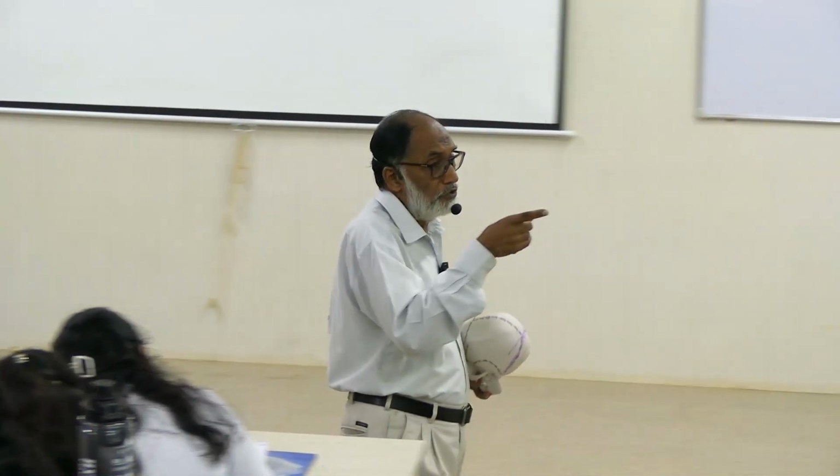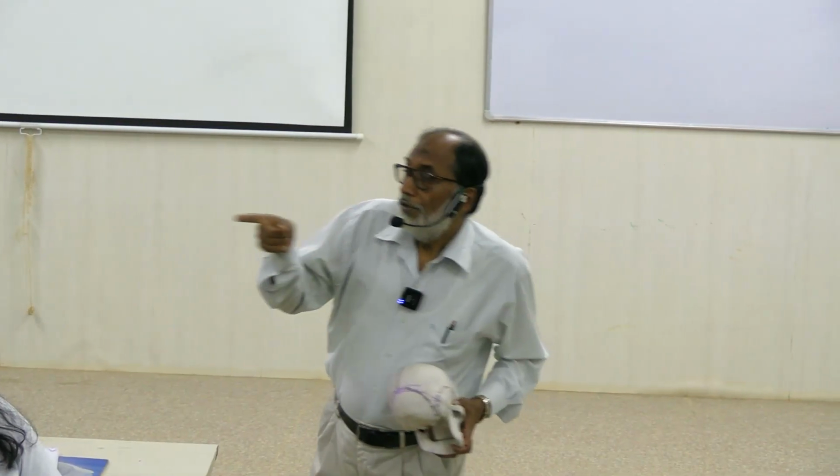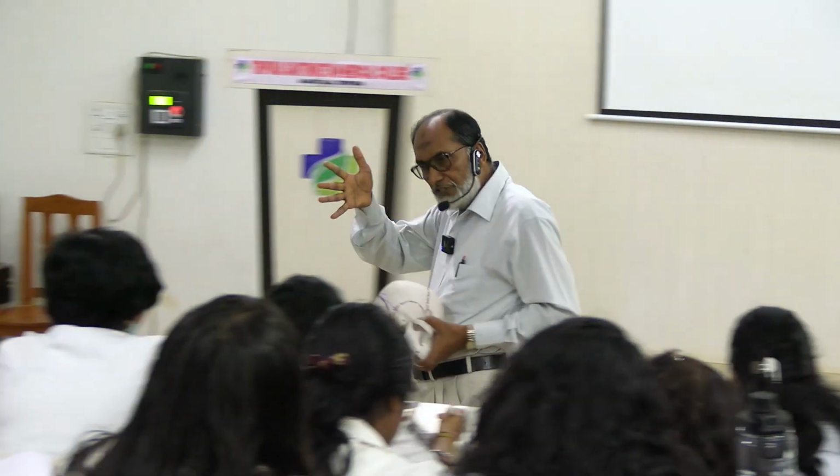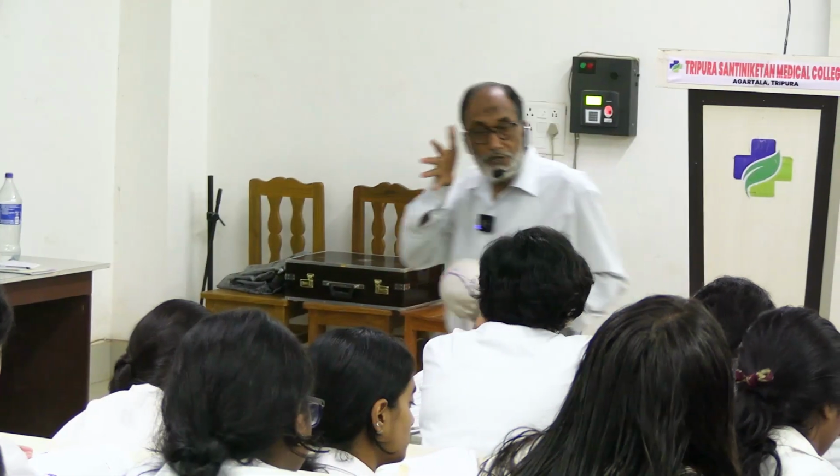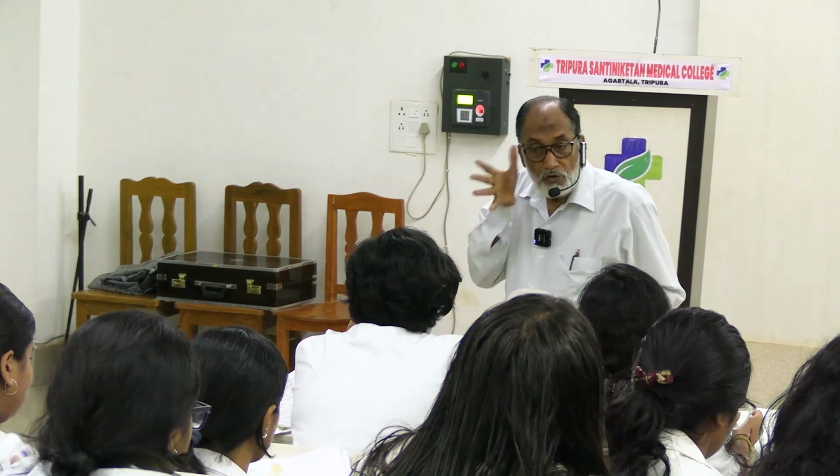Which cranial nerve is the trigeminal nerve? Fifth cranial nerve. Trigeminal means three: ophthalmic, maxillary and mandibular. What are the branches of the mandibular division?